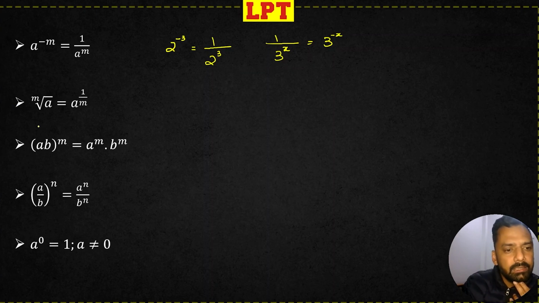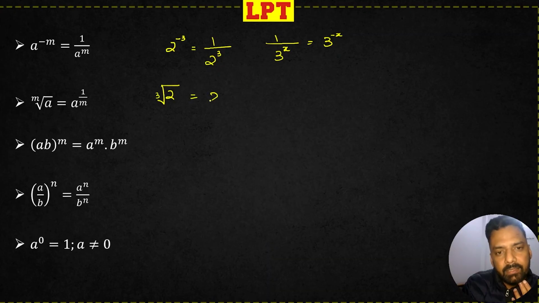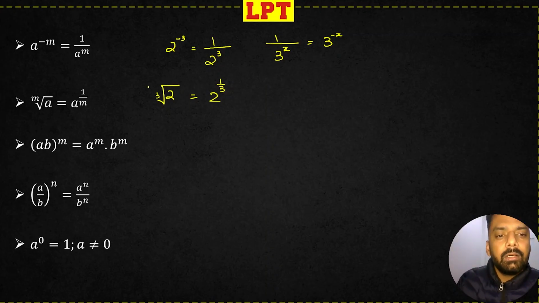Okay, now this is surd. We can say this is a and its order is m. It simply means that the power will be 1 by m. If I have a question like cube root of 2, when I say cube root of 2, it simply means 2 to the power 1 by 3. Or if I have 2 to the power 1 by 3, I can write it as surd of order third.